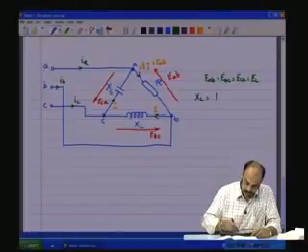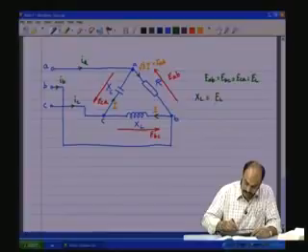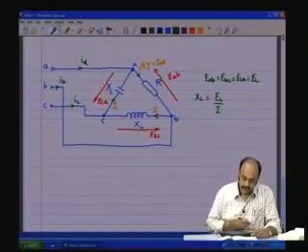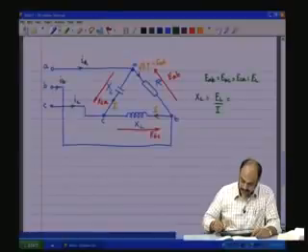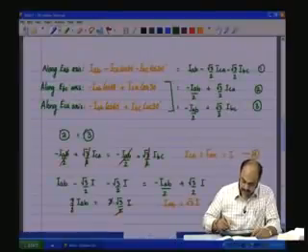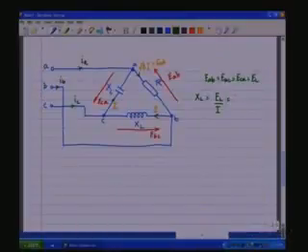XL is E line, the voltage across the inductor, divided by I, the current which is supposed to go through that. Now, I is nothing but IAB by root 3. So, this is EL by IAB by root 3, which is into root 3.